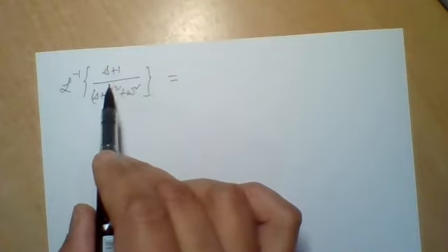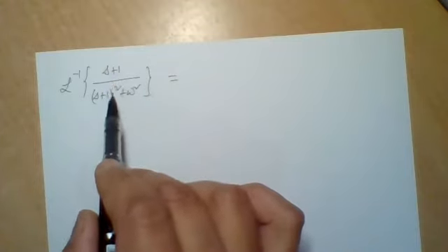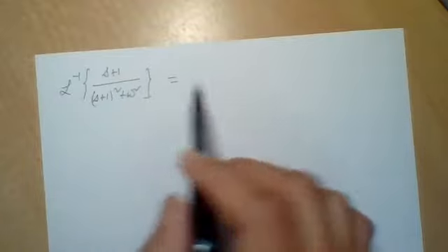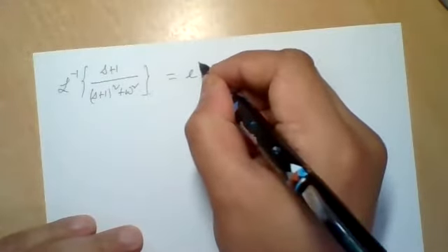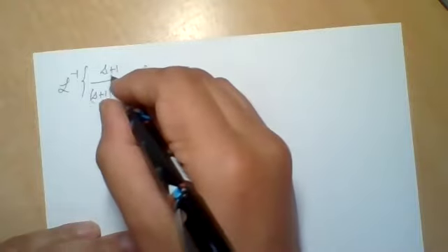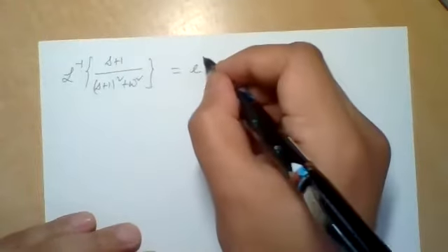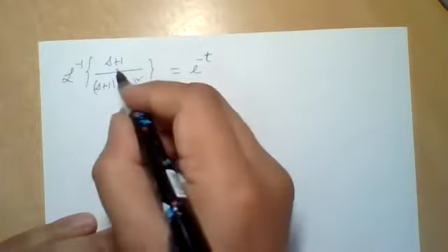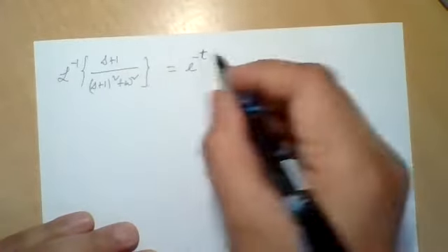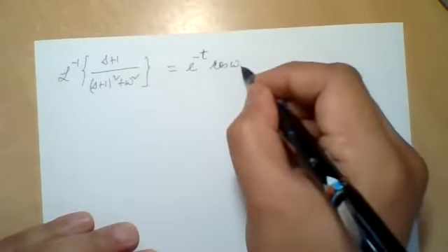So this is nothing but cos omega t multiplied by e to the power minus t. Here, in e to the power at, a is minus 1.